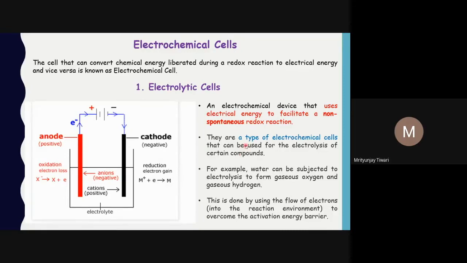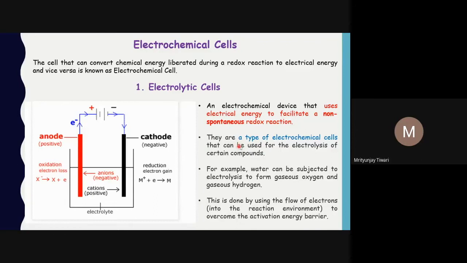You cannot make that non-spontaneous process happen so easily. You need something to facilitate it, and one example we can consider is the electrolytic cell, this device.